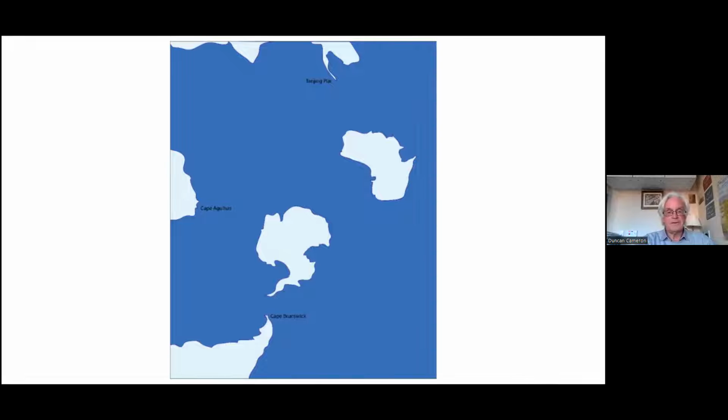You've got at the top Tanjung Piai, which is the southernmost part of Malaysia. You've got Cape Agulhas in South Africa, and Cape Froward, or rather Cape Brunswick, in the southern part of South America.